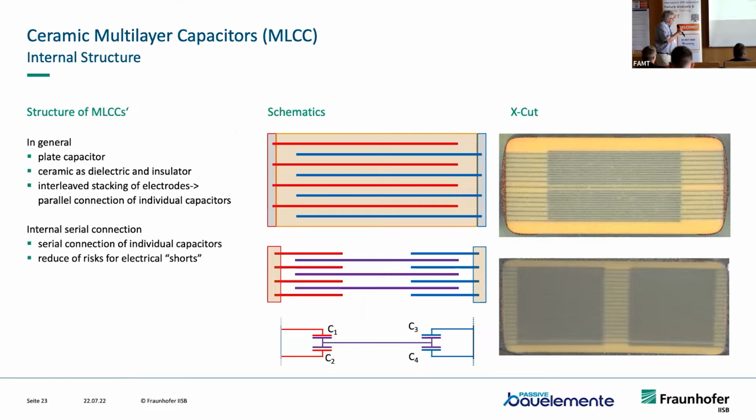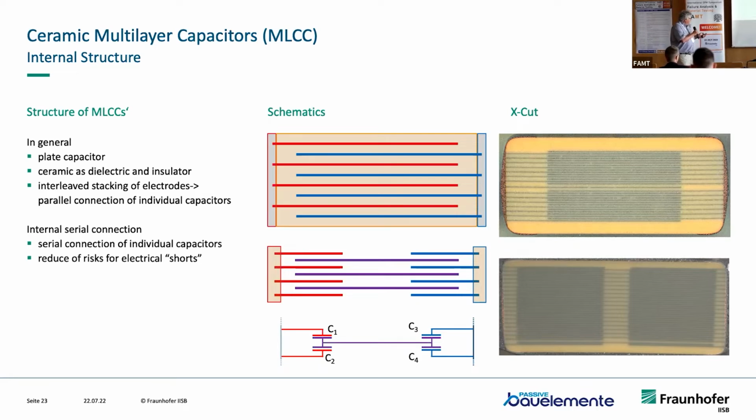So first, you have to understand the structure of such an MLC capacitor. Basically, you have an electrode on one side and on the other side, a plate capacitor, like in the foils as well, and they are stacked, not wound up, but stacked in a ceramic. There are some tricks, like making an internal series connection for some reason.